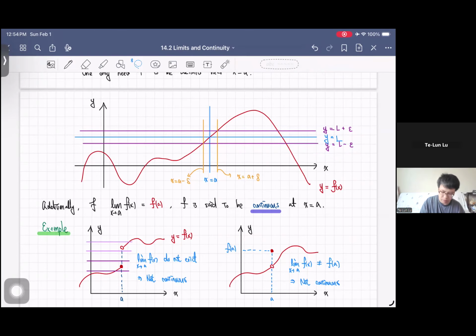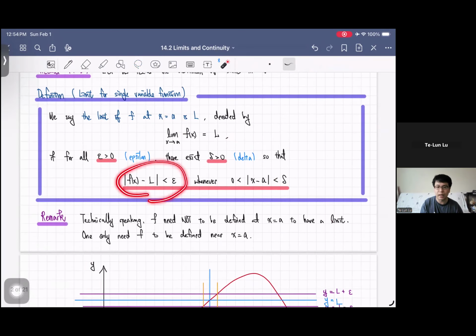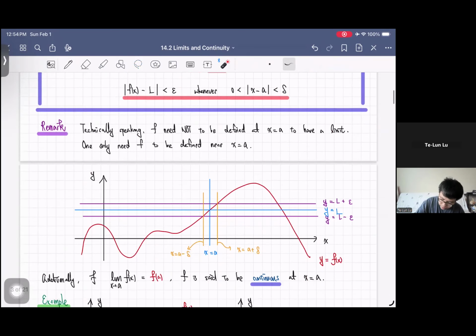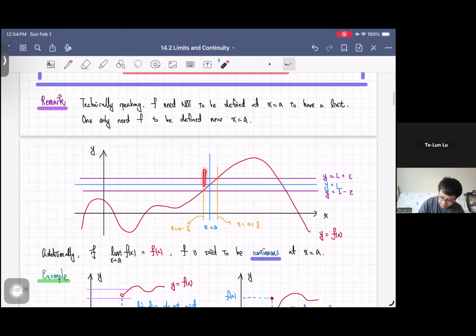Okay. Right. So I'm saying that whatever small interval you drew around L, so in this case, |f of x minus L| less than epsilon. So we drew a small interval around the value L. You can always find an even smaller interval around x, so that the values within this interval lie between L plus epsilon and L minus epsilon.